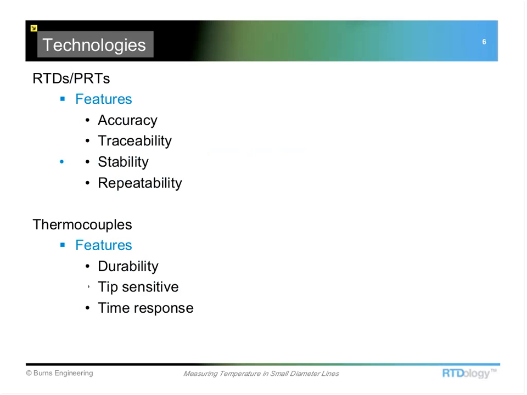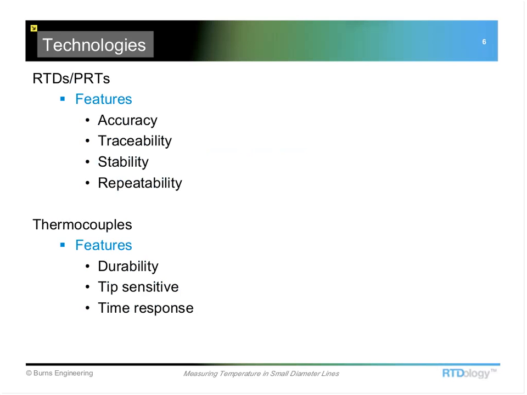First off, the two technologies that we're going to talk about, and it's primarily going to be RTDs. We'll look at some of the features: accuracy, traceability, stability, and repeatability. Those are the big 4 advantages or the main features of an RTD.